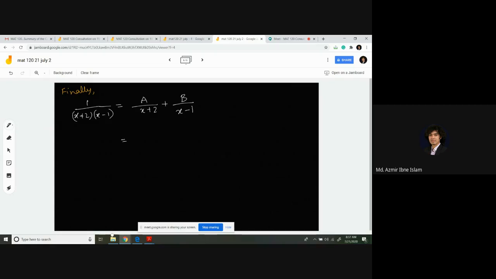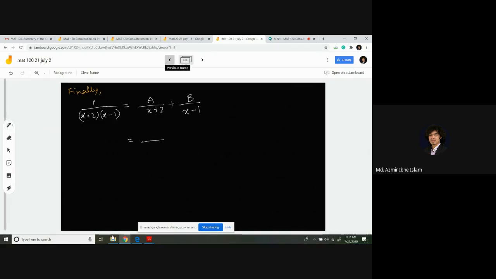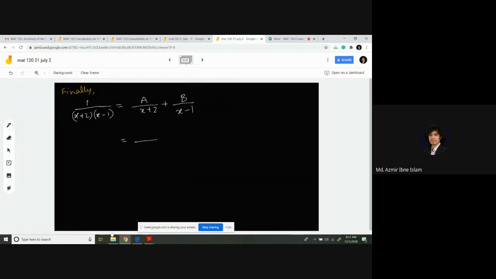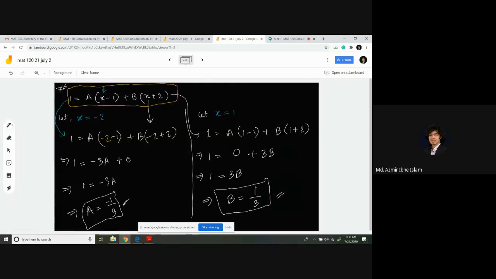Now we are going to input the values of a and b. So here a is found to be -1/3 and b is found to be 1/3. So let's input -1/3 over (x+2) plus 1/3 over (x-1). Clear? Yes, sir.